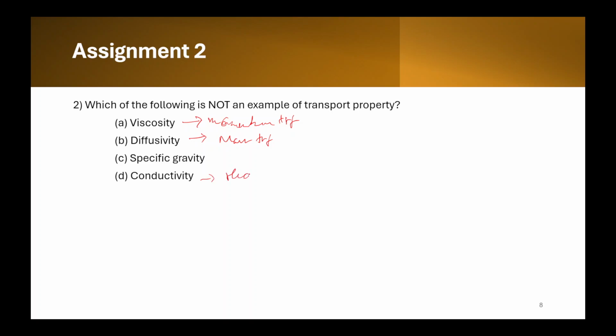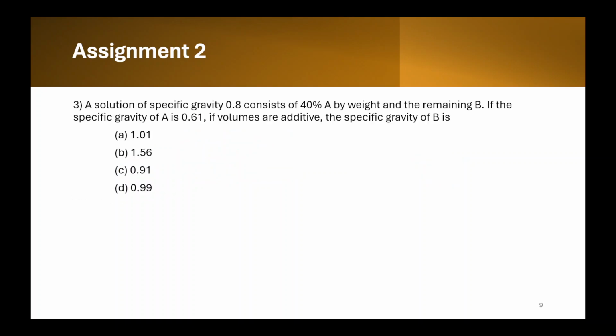Conductivity takes part in heat transfer. So these are transport properties because they express either mass, momentum, or heat transfer in some way. However, the specific gravity does not do such a thing. It is basically the ratio of some substance upon the reference. So the correct answer here is the C option.